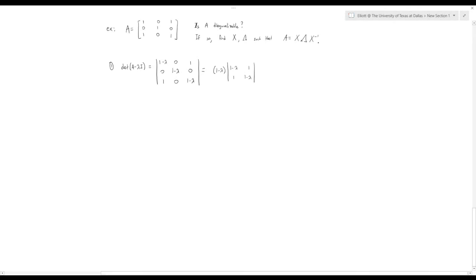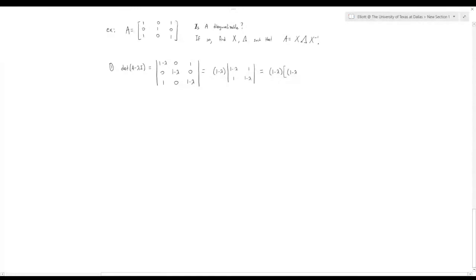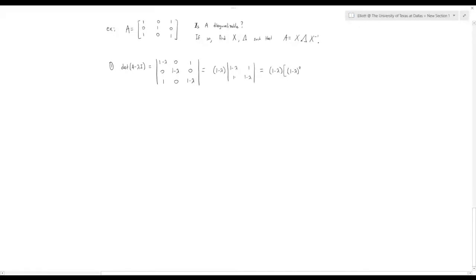And then we'll have another 0 after that. Okay, so that was cofactor expansion along the second row. And then if I work out this 2 by 2 determinant, we're going to get 1 minus lambda squared minus 1.